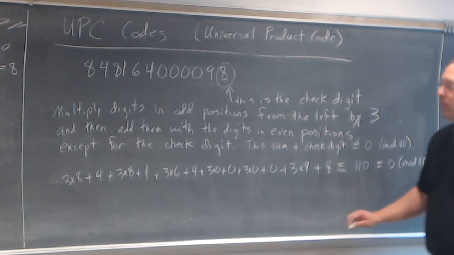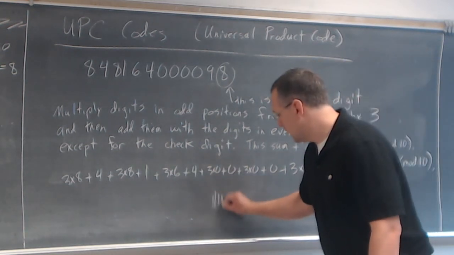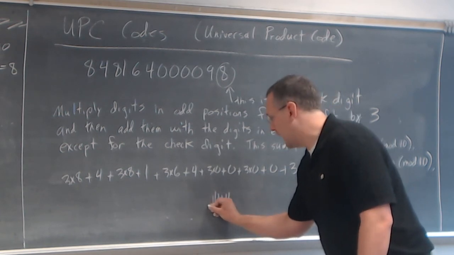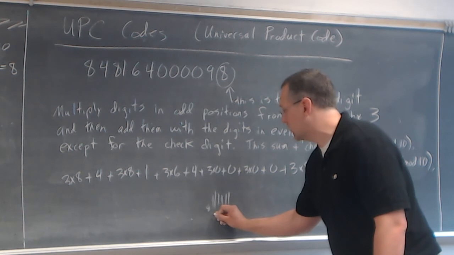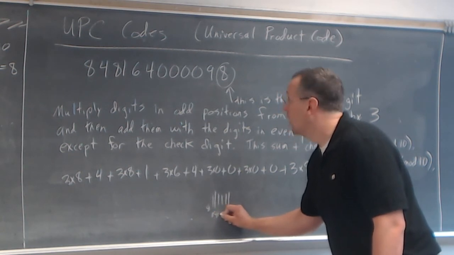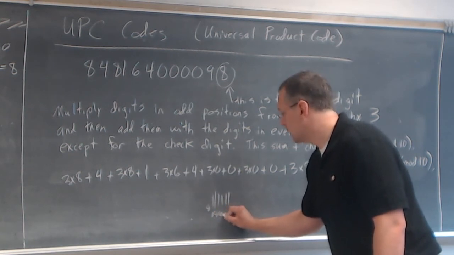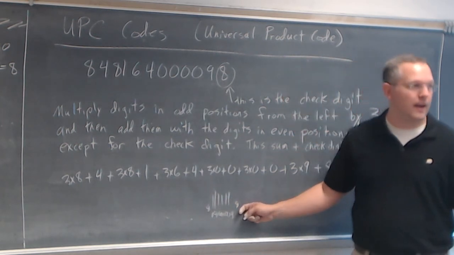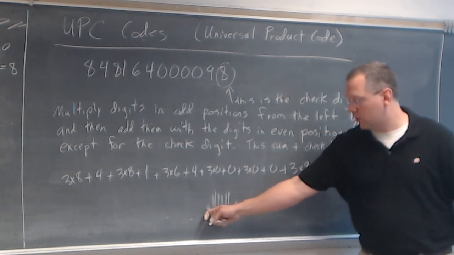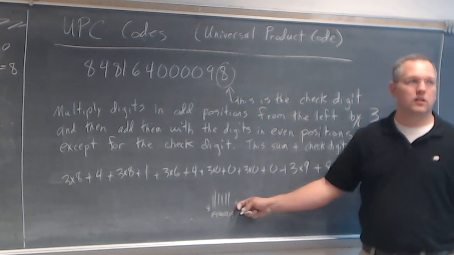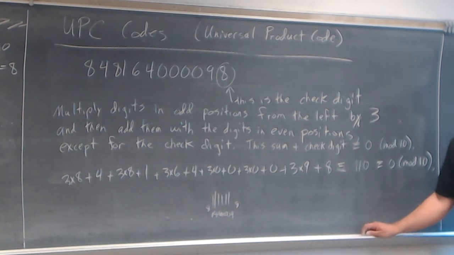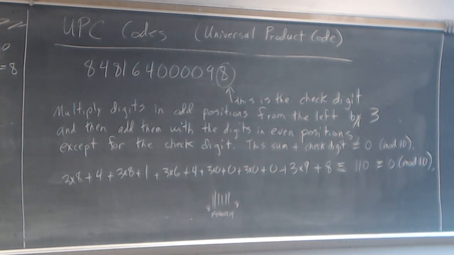Now some of them are weird because you have all these lines, and sometimes there's a digit way over here. On this one, the 8 was up higher, and then there were the numbers down here. And then there's a little number up high after. That's the check digit. This is the first digit, and that's the check digit. Your last zero is the check digit.